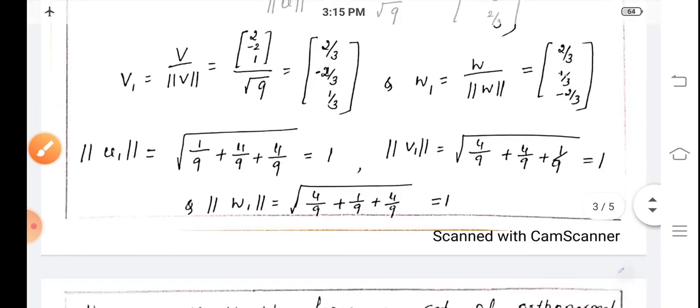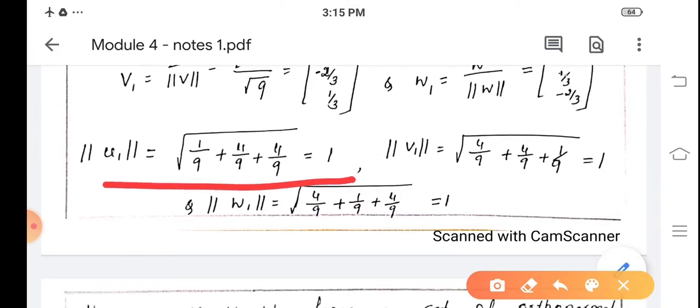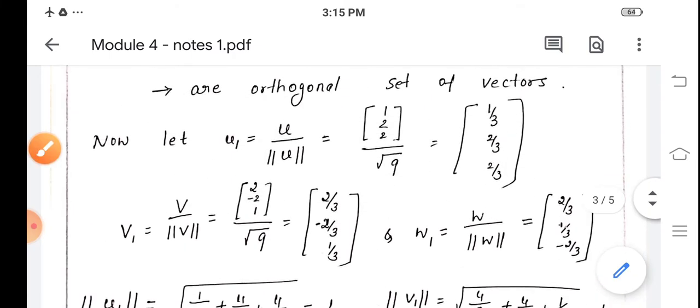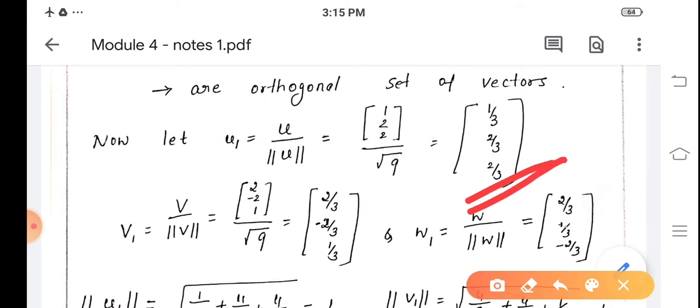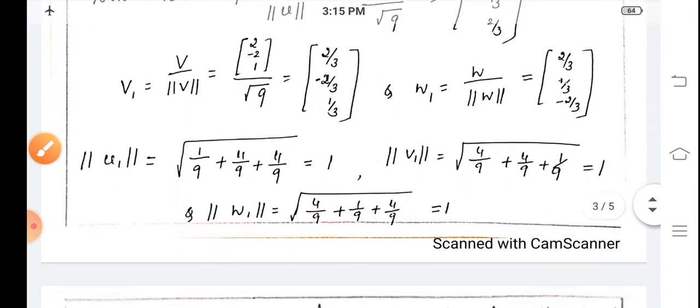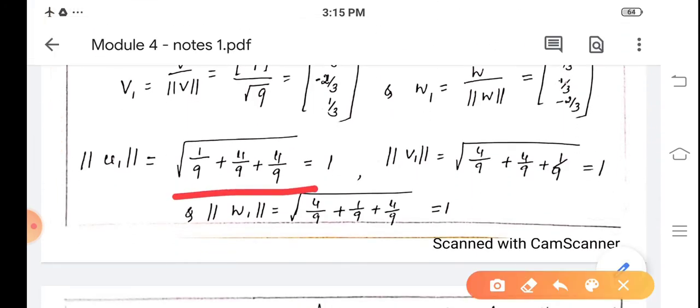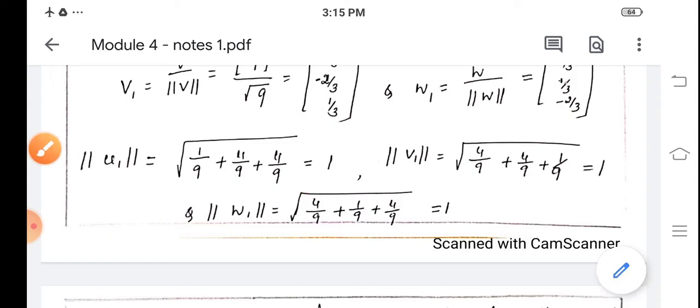So if I find the norm of these vectors, norm u1 is root of (1/3)² plus (2/3)² plus (2/3)². That is 1/9 plus 4/9 plus 4/9, so root of 9/9, that gives 1.